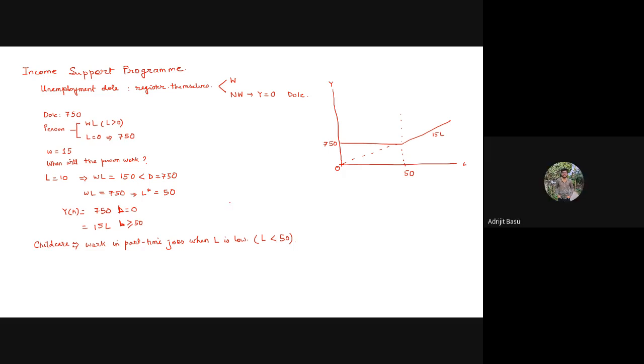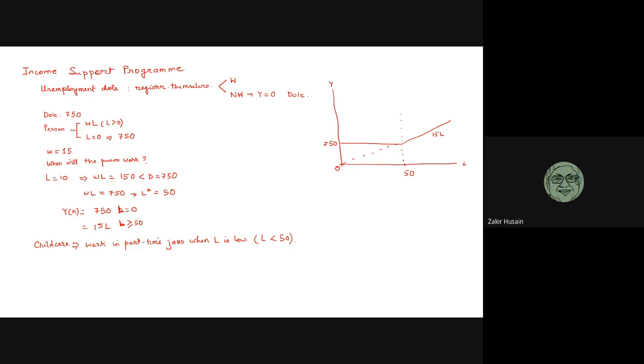So basically, work is important for two reasons. One is that it gives them income. This income part you can take care of if you give her unemployment dole. But work also empowers the person, gives the person confidence and self-dignity, and so on.